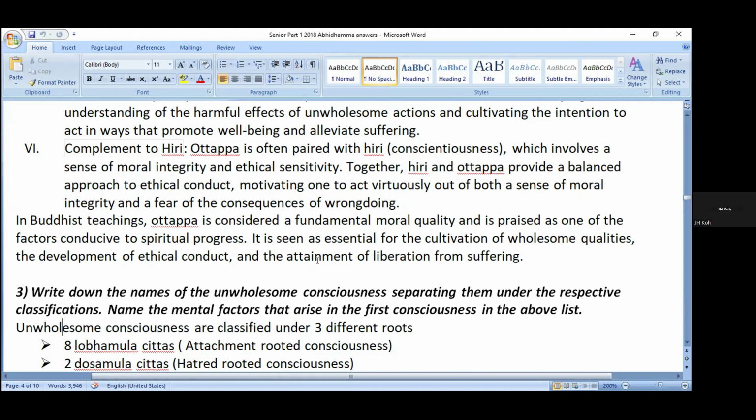So all in, that means 7 universal and 6 occasional, so it's 13 already. Then plus 4 is 17, plus 2 from Lobha is 19, so that is 20 cetasikas in this.